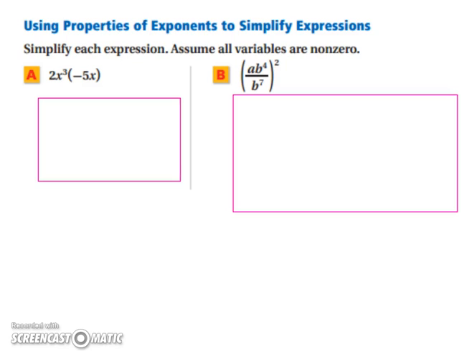Simplify each expression. Assume all variables are non-zero. So in the first one, we have 2x to the third times negative 5x. Well, we have our 2 times our negative 5, and then we have x to the third times x.